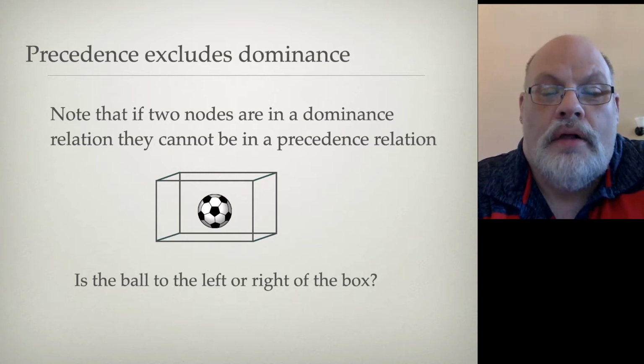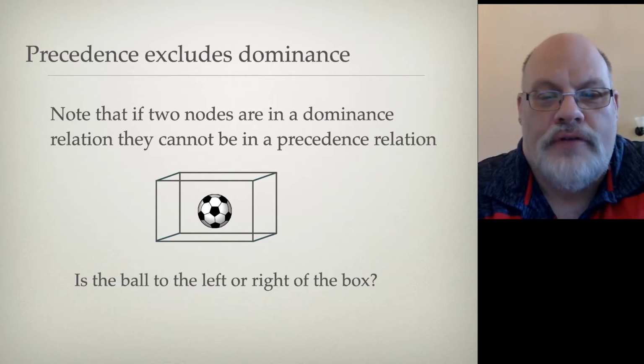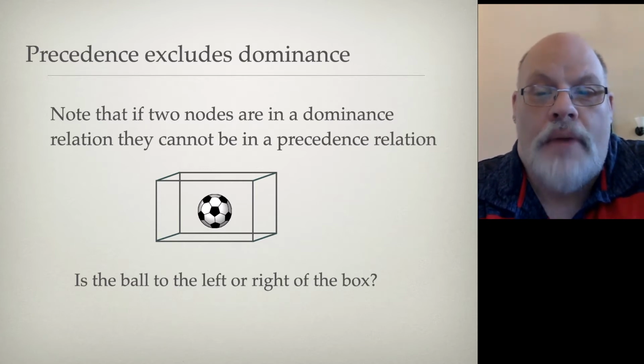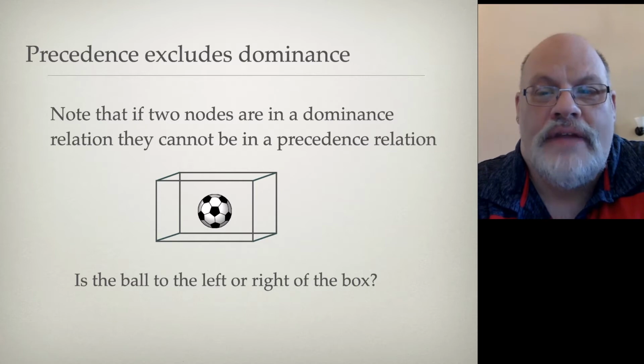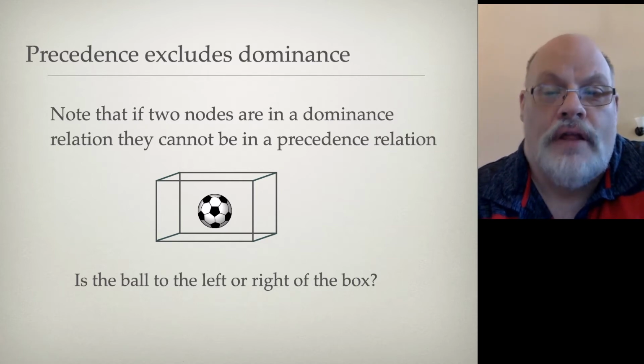Is the ball to the left or right of the box? This is an incoherent question because the ball is obviously inside the box. Well, this same thing is true about precedence and domination relationships. So if you have one node inside of another, you cannot say it precedes or follows it.